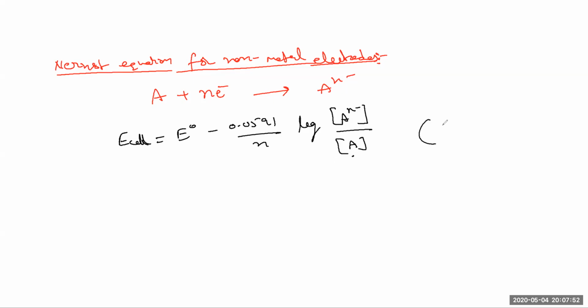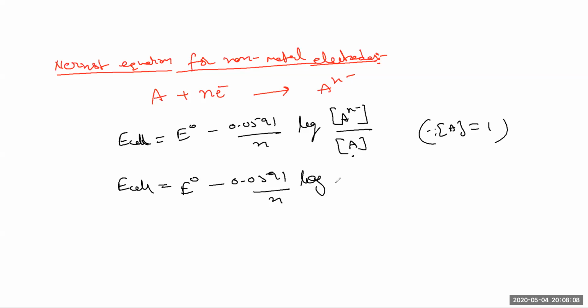But here the molar concentration of A is equal to 1 only. So E cell is equal to E naught minus 0.0591 by n into log of A power n minus concentration. This is the Nernst equation for non-metal electrode.